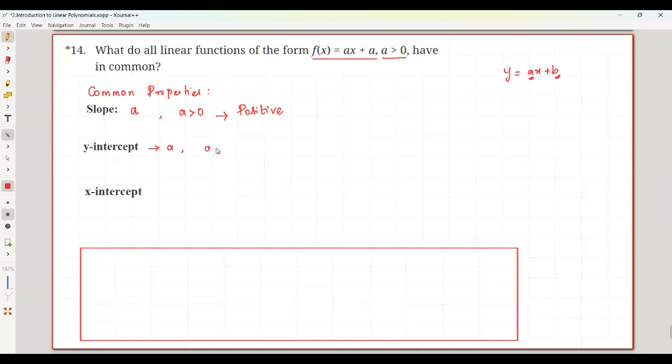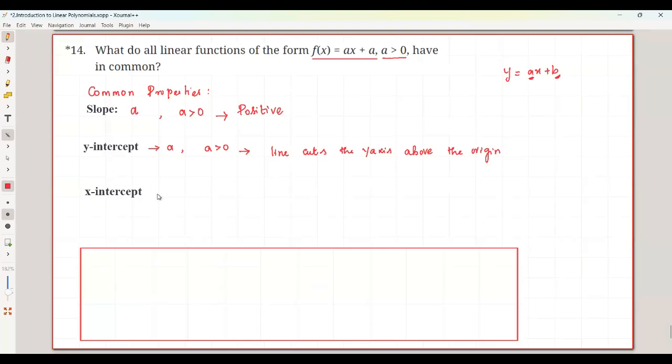The condition is a is greater than 0. Therefore the line will cut the y-axis above the origin, since it's given greater than 0.